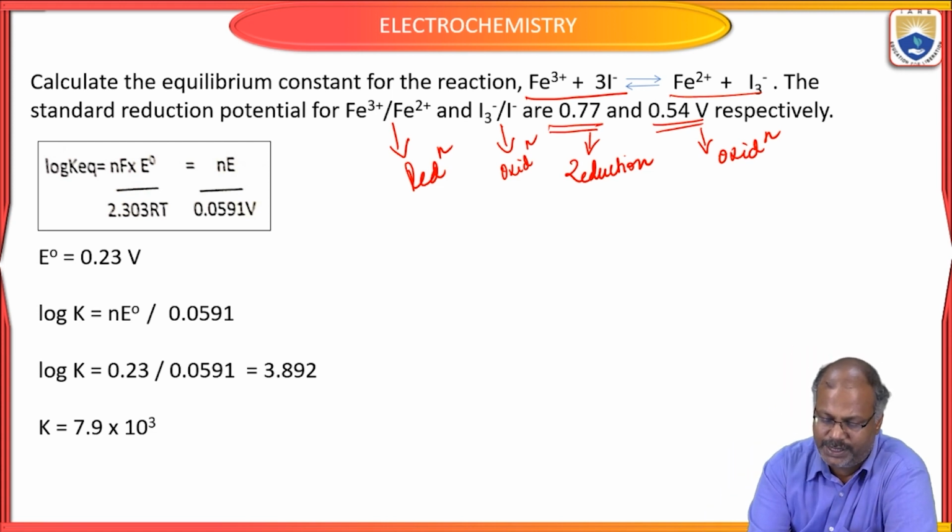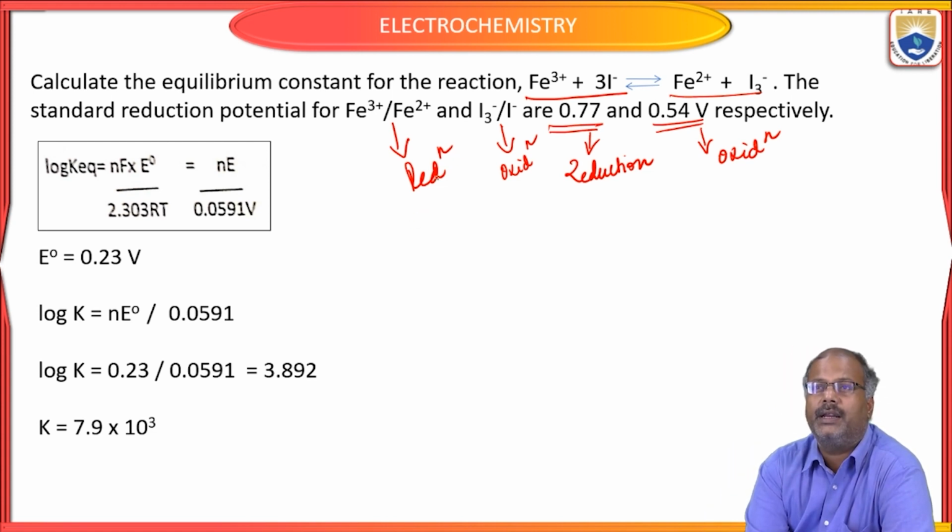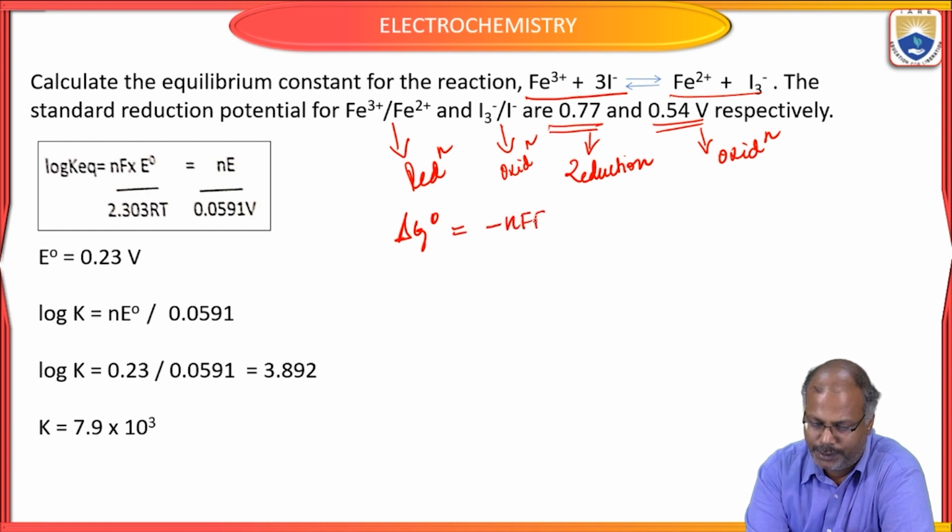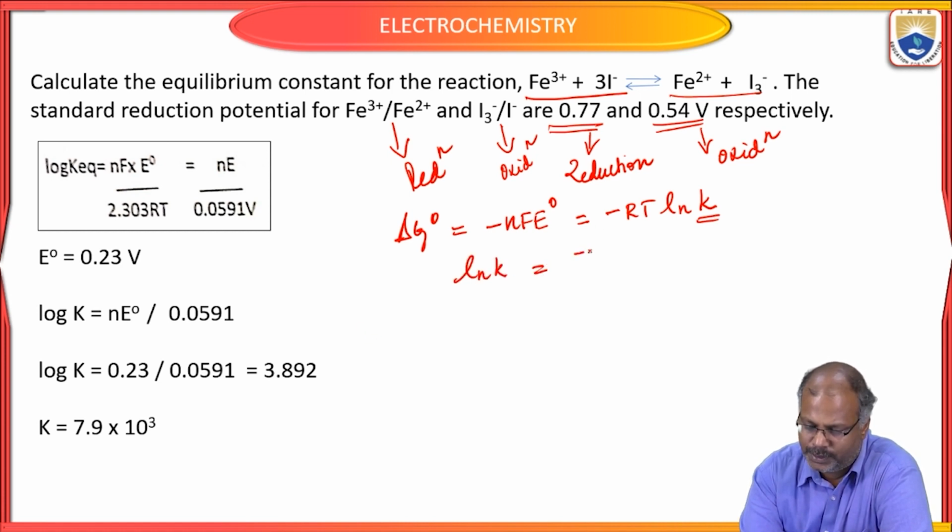We have already seen in the applications of the electrochemical series that delta G naught is equal to minus nFE naught, which is equal to minus RT ln K, where K is the equilibrium constant. So ln K is equal to nFE naught by RT.